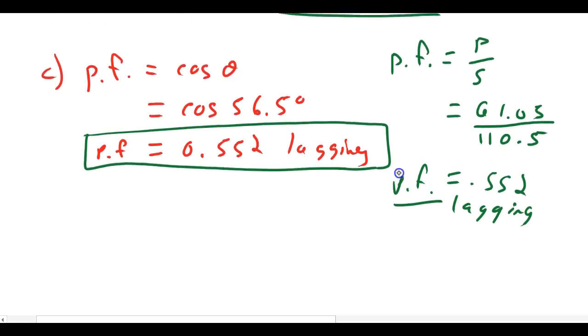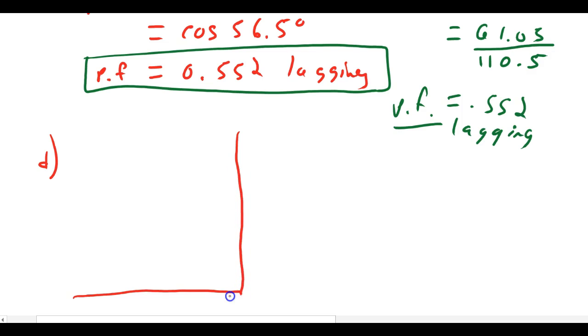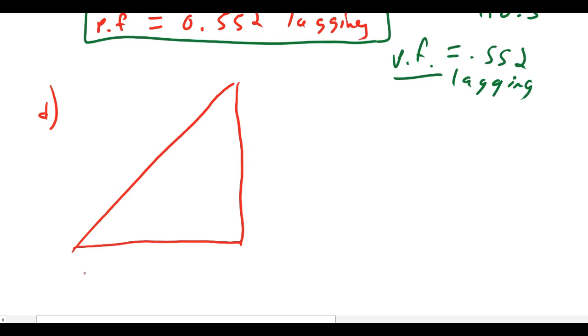And the last part of this question then asks us to sketch the power and impedance triangles. And so if we start with the power triangle, we have P, QL, S. P equals 61.05 watts.